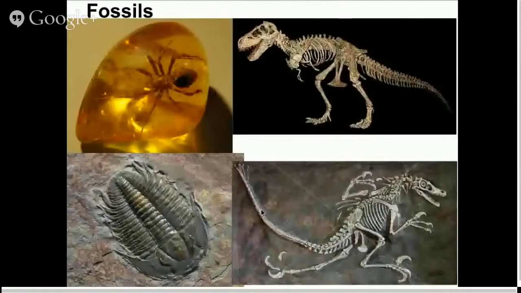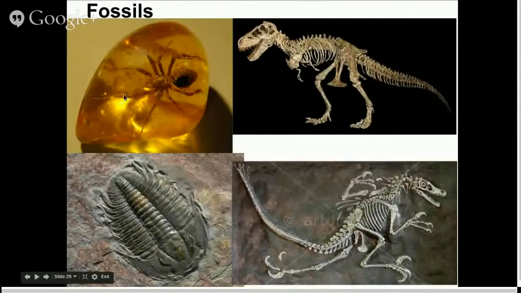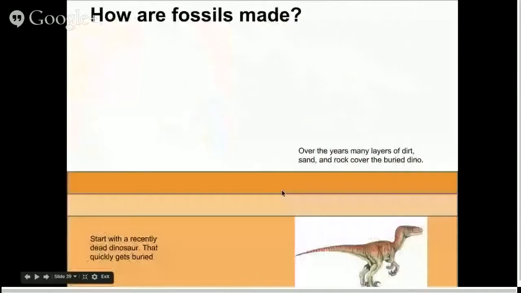Other types: some creatures got wrapped in amber or sap, and then that sap hardened, and so the whole creature, which used to be living, got trapped in sap there. This is a trilobite, a T-Rex. His bones were hardened into rock, and then this looks like a velociraptor whose bones were hardened into rock.